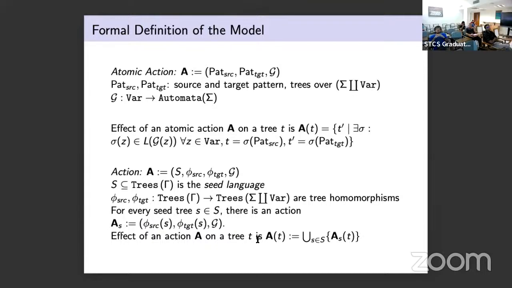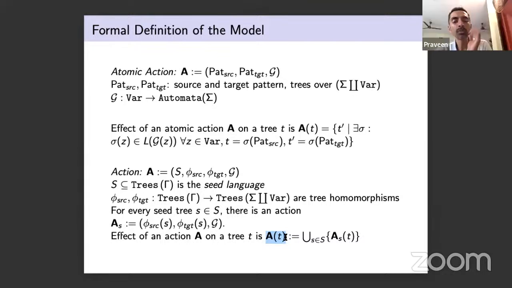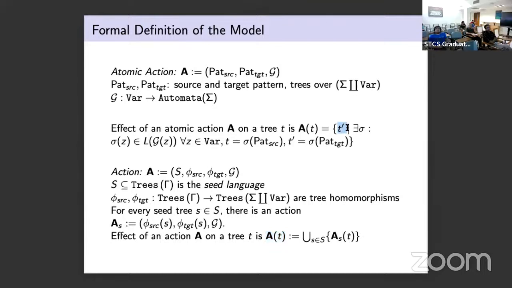So A(T) is like a set of such tuples, right? Yeah, it's a set of trees basically. Yeah, sure. It's a set of trees T prime like this. Yeah, okay, right, yes.